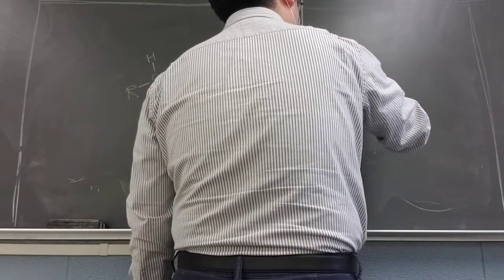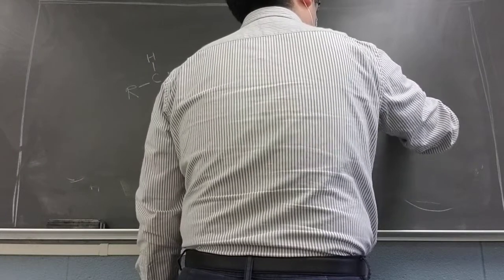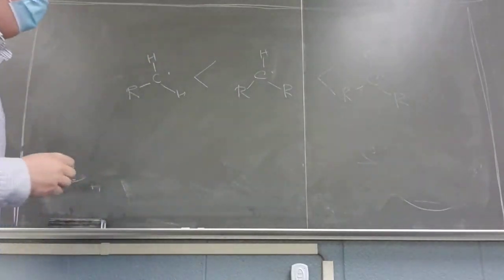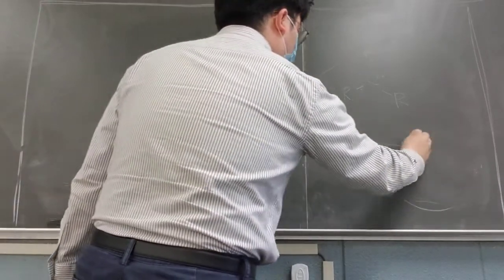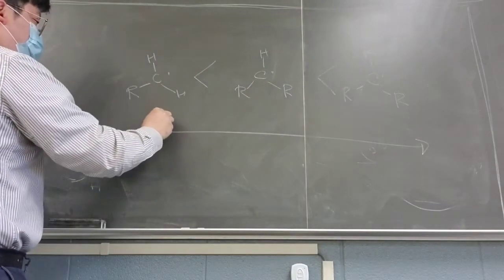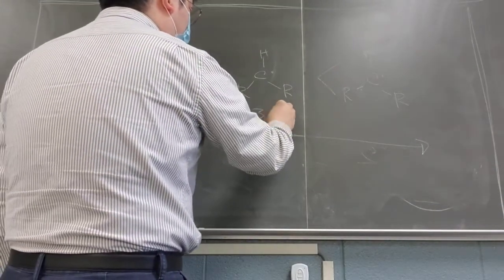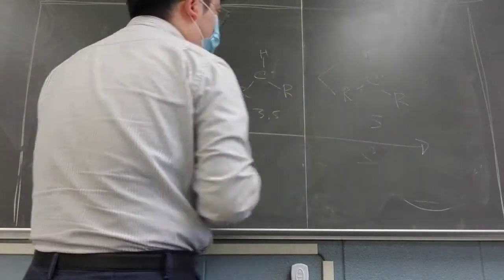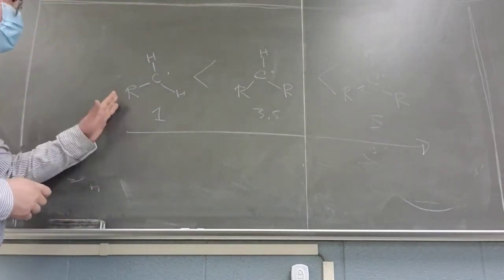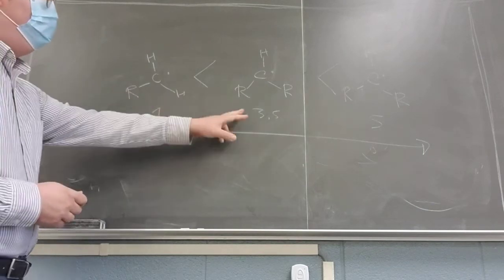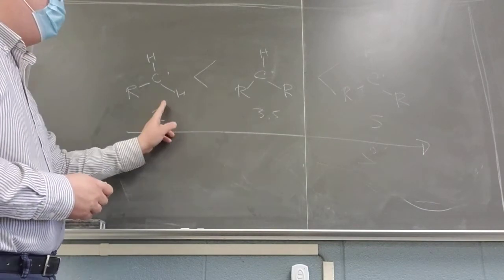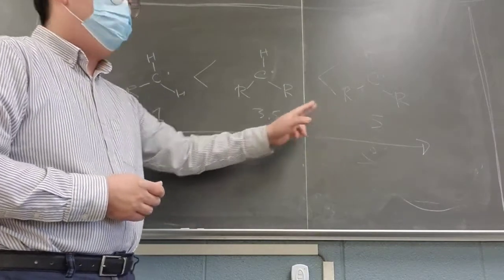I'm sorry. Tertiary over here. They find out the directivity: if this was 1, this was 3.5, this was 5. So meaning, if this is happening at a certain speed, this is 3.5 times faster than this one, and this is even 5 times faster than this one.